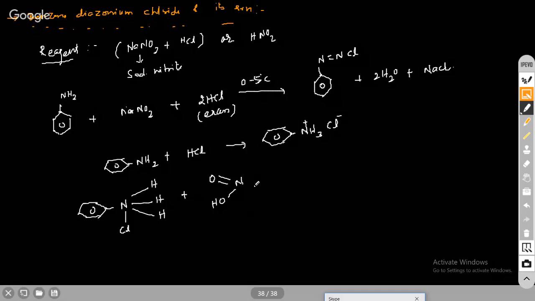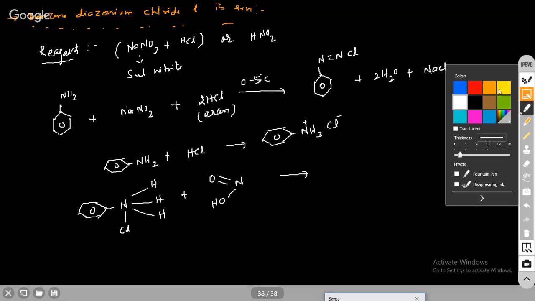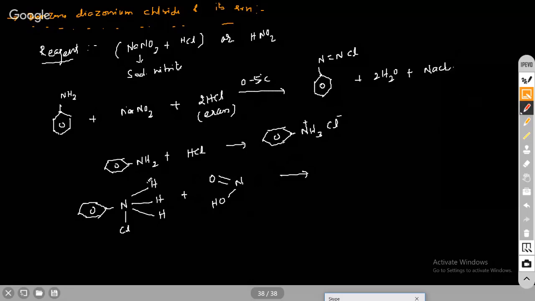Okay. So when these two react, you can easily understand in this reaction that these three hydrogens we have here, this hydrogen and this OH and O combine together. So this forms H2O and this forms H2O, right?